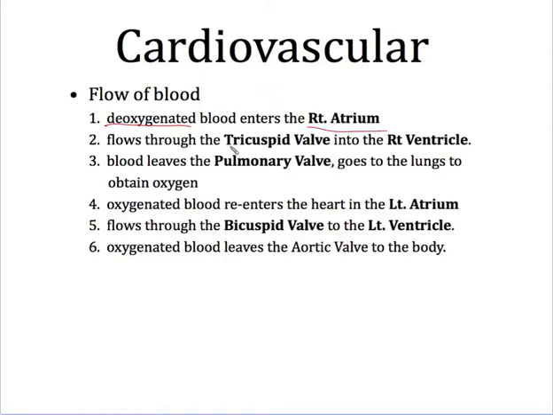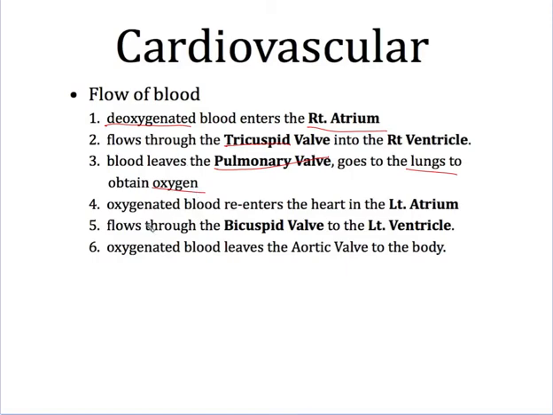From there, it flows through the tricuspid valve, also known as your right atrioventricular valve, into your right ventricle. Okay? It then goes through the pulmonary valve, which separates your right ventricle from your pulmonary artery, and goes to the lungs where it gets oxygen.